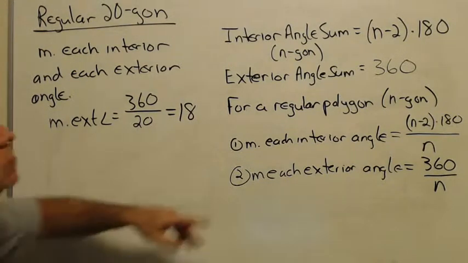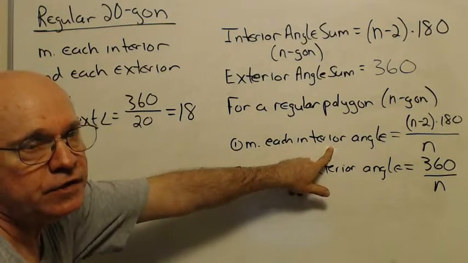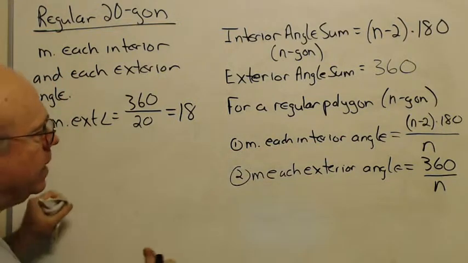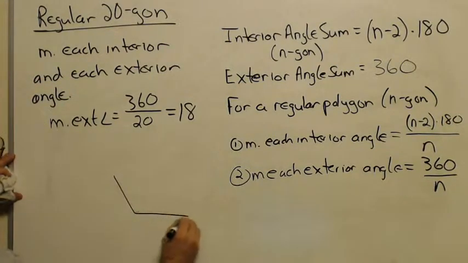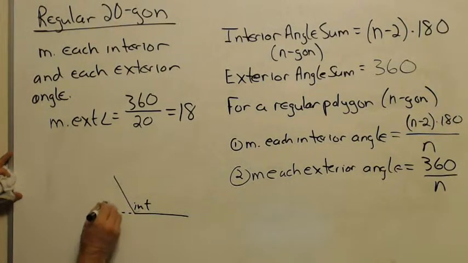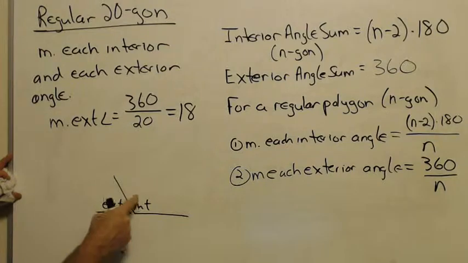Now, I could use this formula over here for the interiors, but there's a much easier way. Remember when we were drawing the polygons, here was an interior angle. Right next to it would be the exterior angle created by extending a side. Well, they're linear pairs. They add up to 180.